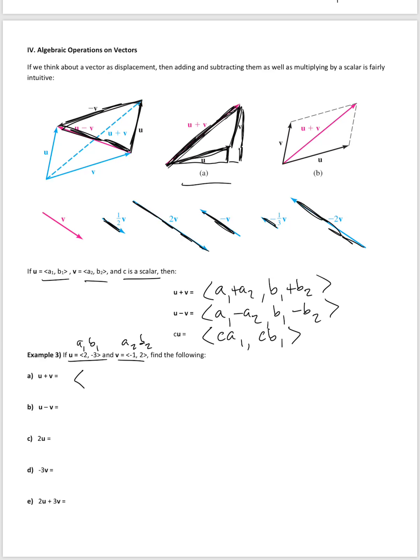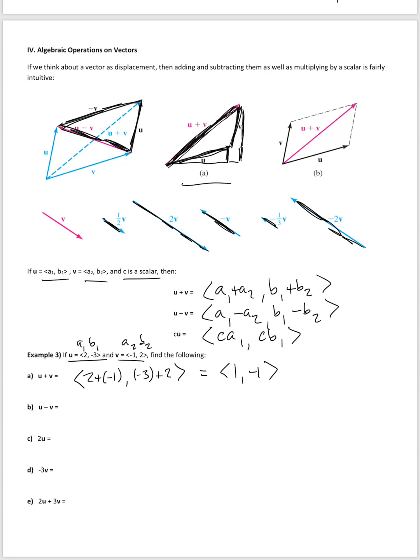So a1 plus a2, that's 2 plus negative 1, and b1 plus b2 is negative 3 plus 2, which is 1, negative 1. That's u plus v. So what that's saying is that my total displacement ends up being 1 to the right in the positive direction, and then down 1. That's the total displacement I end up with after doing both u and v.